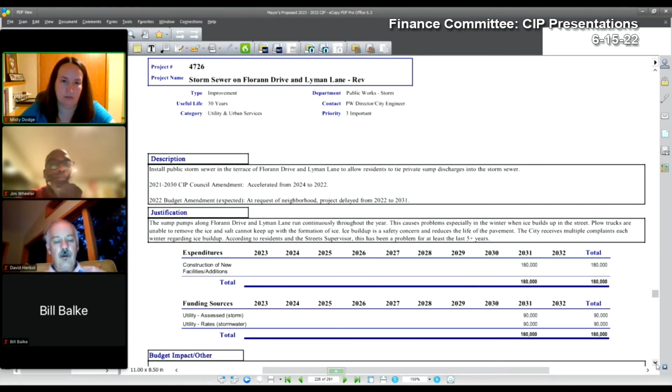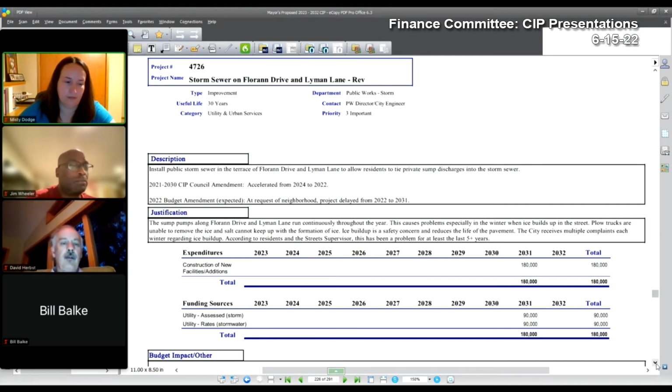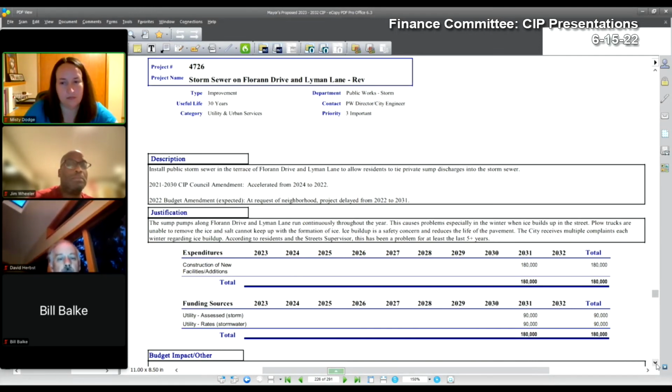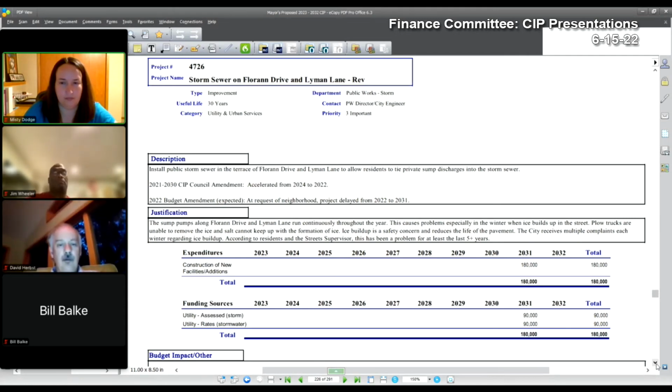4726, storm sewer on Floran and Lyman. This project was originally presented. We've met with the neighbors. I know Alders Gerhard and Radafrada have been engaged in this one, and the neighbors were quite consistent in their desire not to move forward with this project.